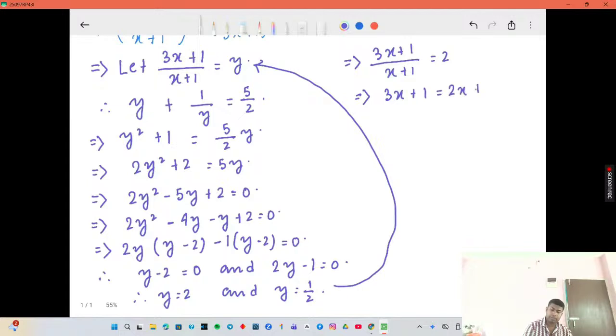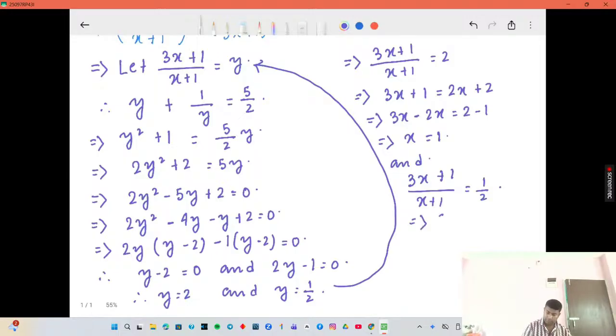3x + 1 = 2x + 2. Therefore, 3x minus 2x is equal to 2 minus 1, or x is equal to 1. And again (3x + 1)/(x + 1) is equal to half.